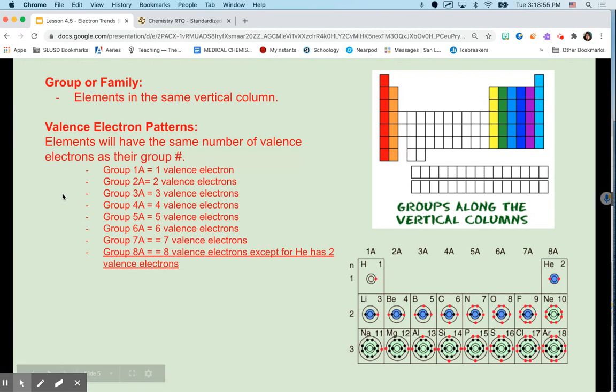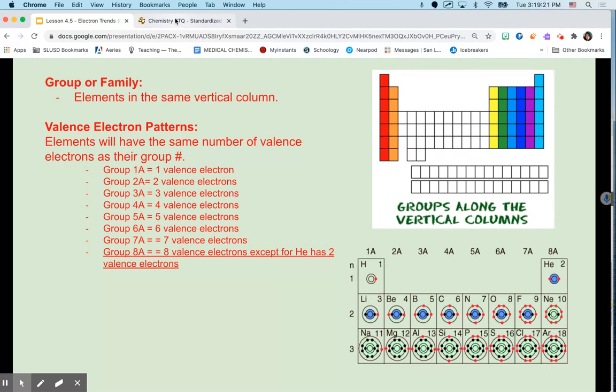So here we have 2 things we need to know about the periodic table. Anytime we call something in the periodic table a group or a family, those are elements in the same vertical column. So notice that all of these elements in red are in the same group or family. All of these elements in orange are in the same group or family.